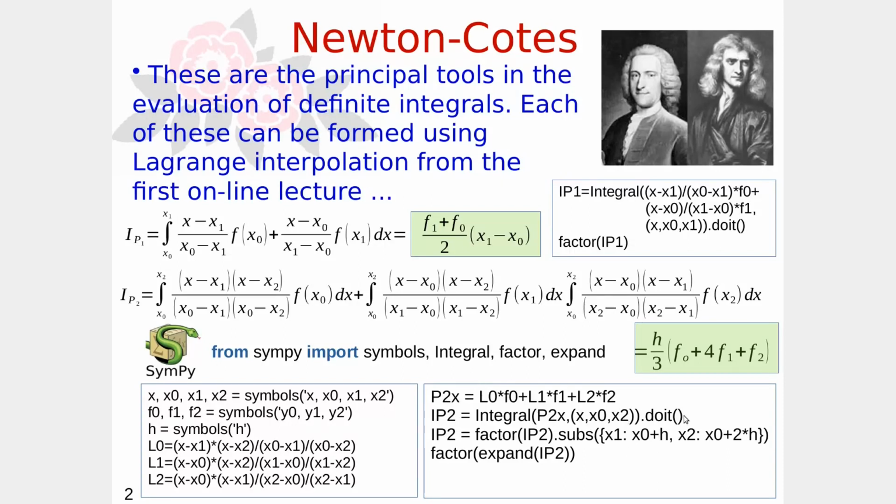The doit will of course compute the integration, and then I've asked to factor this out, and then use the substitution command, x1 as x0 plus h, and x2 as x0 plus 2h, and then finally factor again after expanding the IP2, and you should result in this expression: h over 3, the first and the last, and 4 times the interior point.